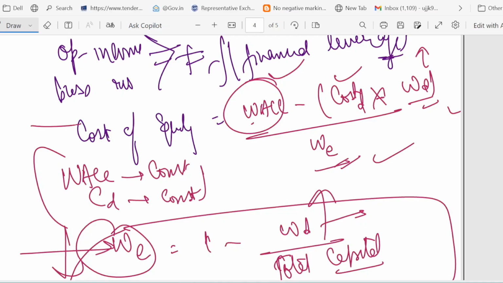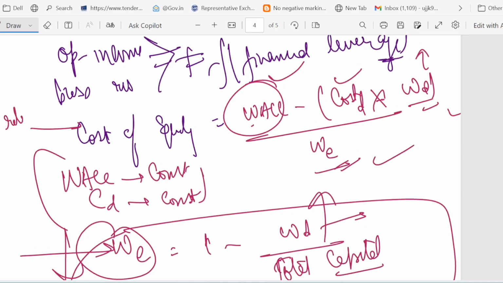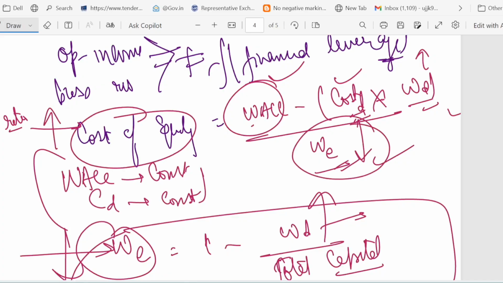Simply, cost of equity means what? The return that the shareholder is demanding. Cost of debt means you are paying interest on the debt. That is the cost of the debt. So WD goes up, WE comes down, right? Since WE comes down, the cost of equity will go up. It means return will get affected.